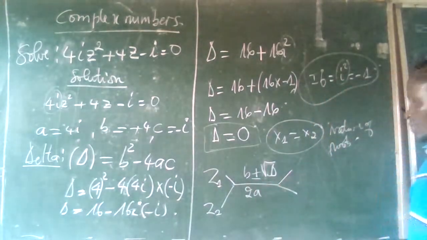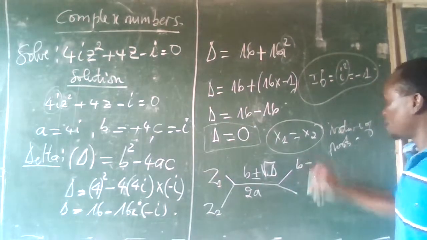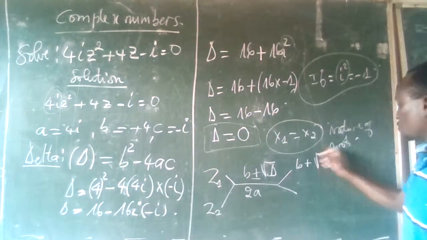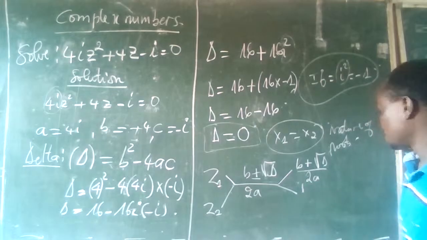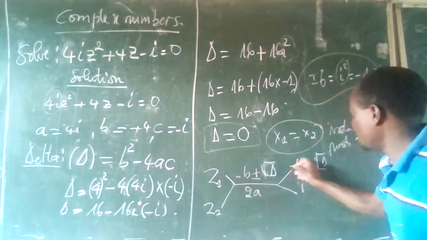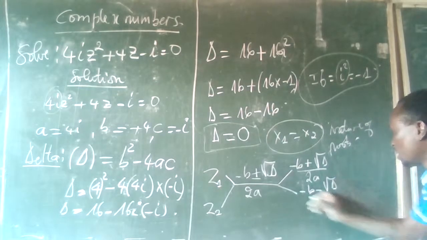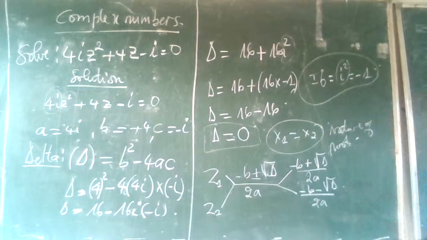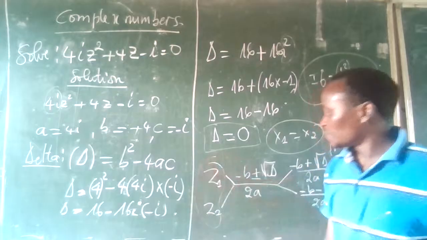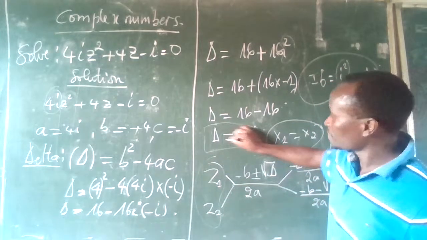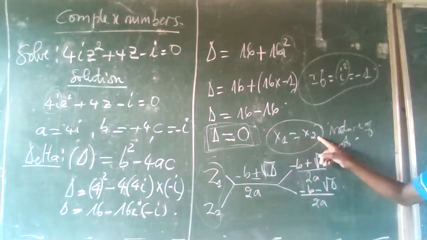Now we are going to find these two z, but remember, because we have seen delta is equal to 0, it means that x1 is equal to x2.